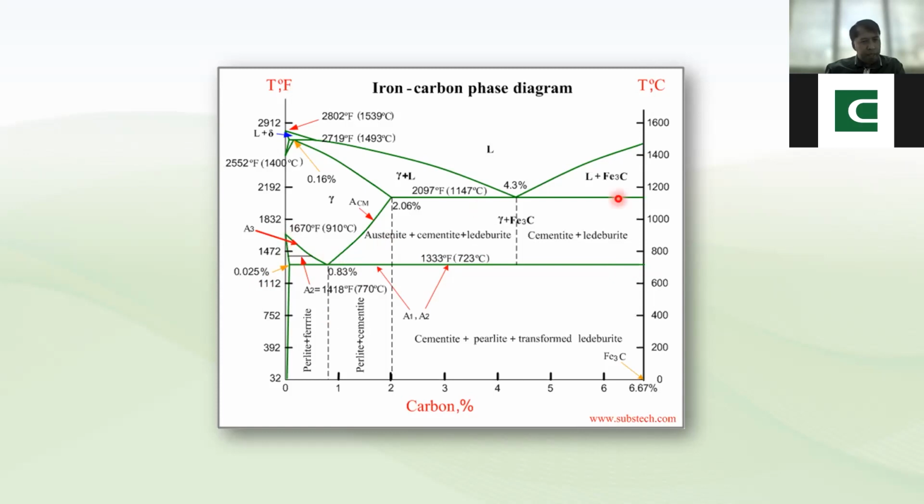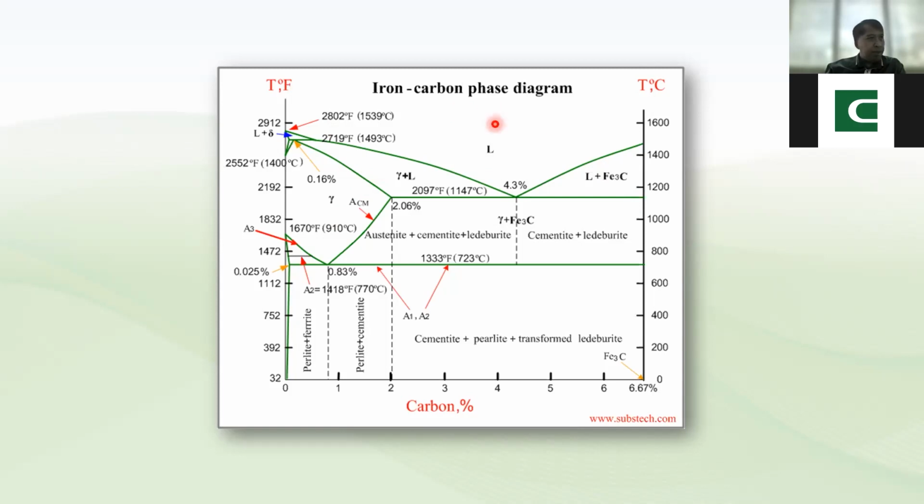Yung boundary na yan, kapag lumampas dyan ang material natin, ang ating bakal, solid liquid at that temperature. At kapag naman lumampas, at this temperature, full liquid na yung ating material.